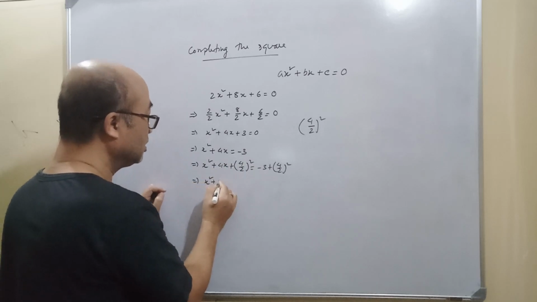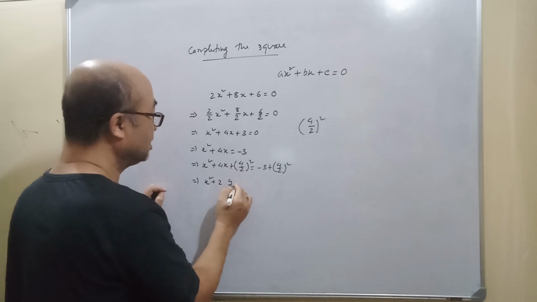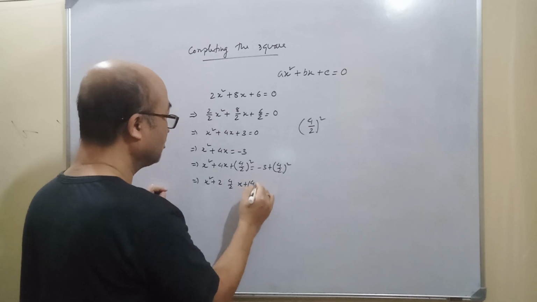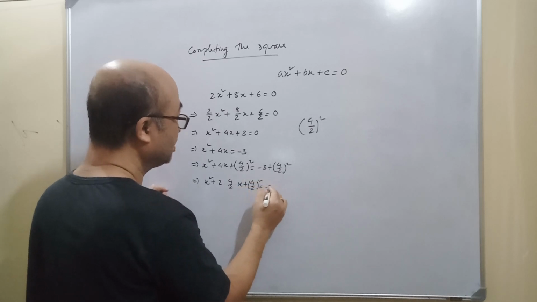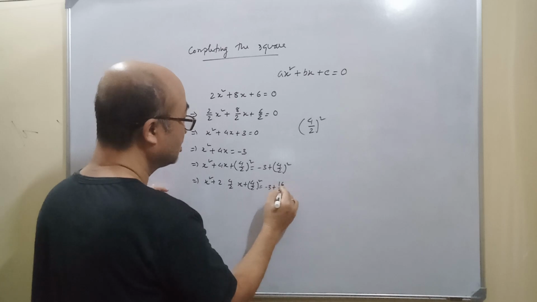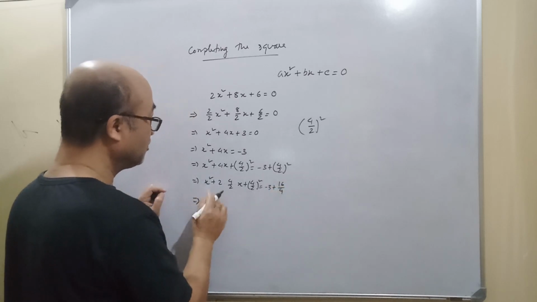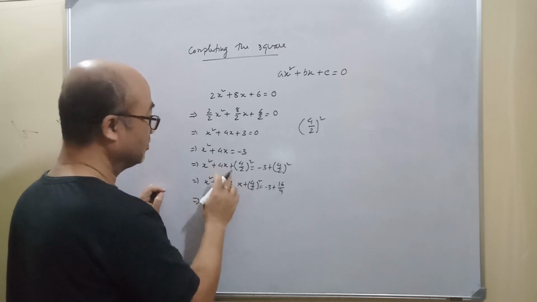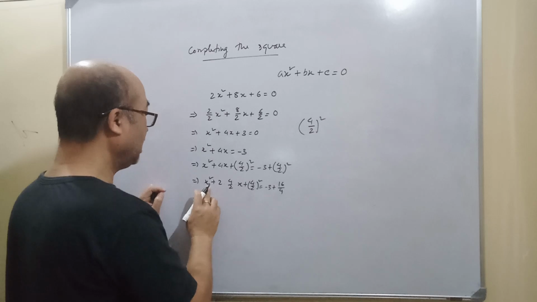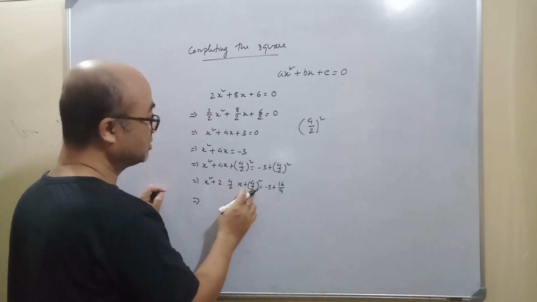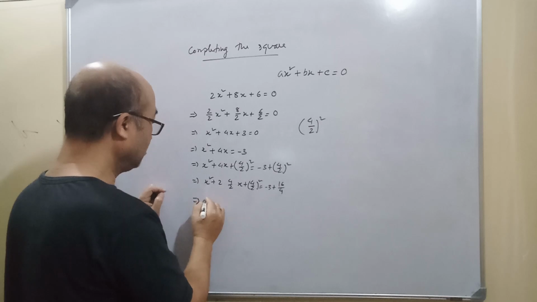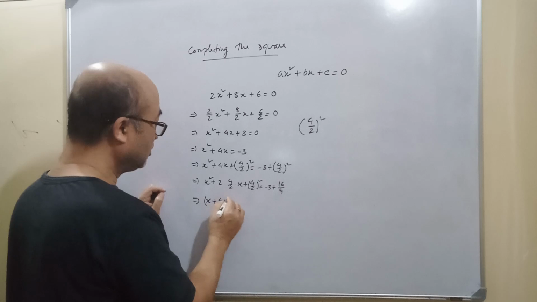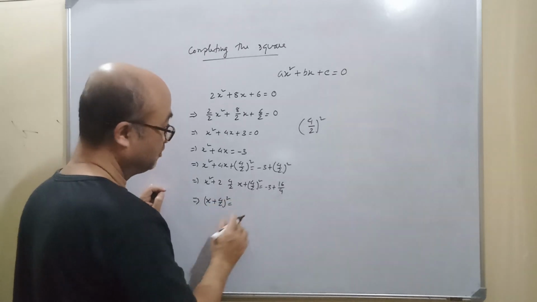So this can be written as minus 3 by 2 plus 4, right? 2 cancels, it remains 4x. We get this one. So this is in the form a square plus twice ab plus b square, right? And what is that equal to? x plus 4 by 2 whole square, a plus b whole square formula.